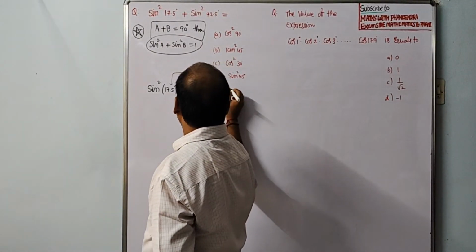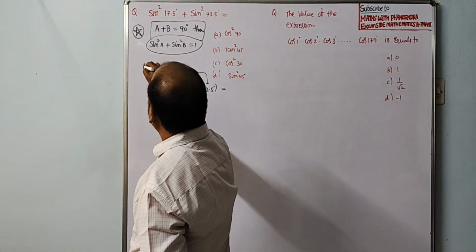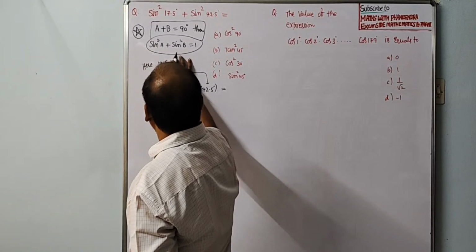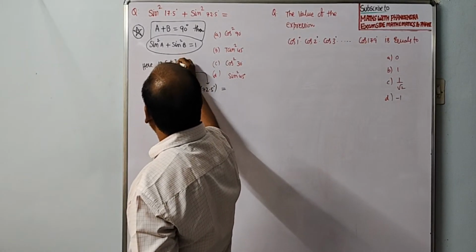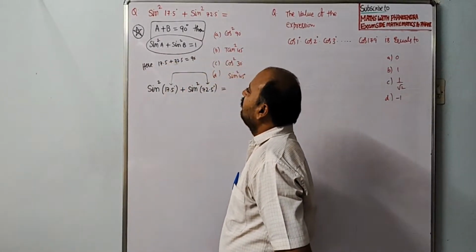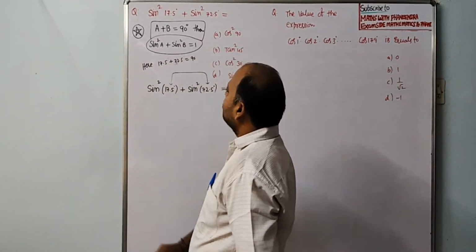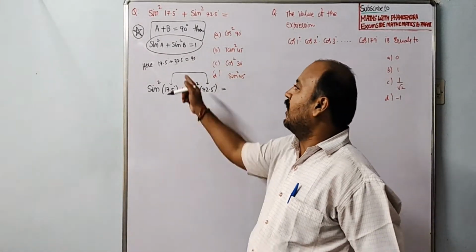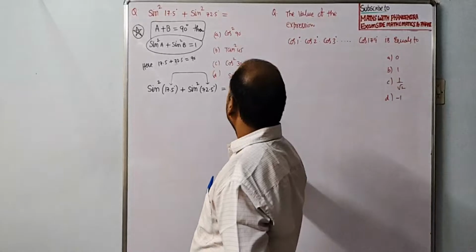So here, 17.5 plus 72.5 is equal to 90. Are you all with me, dear students? 89 plus 1, so 90. So this answer is 1.